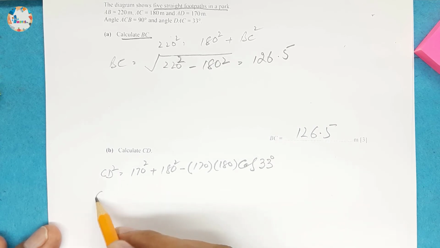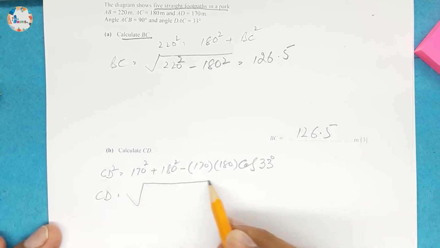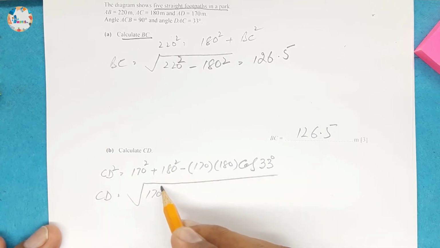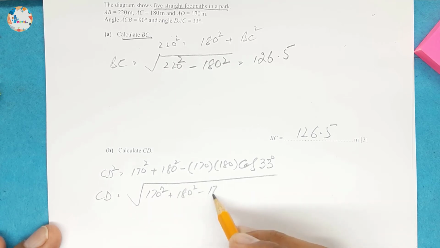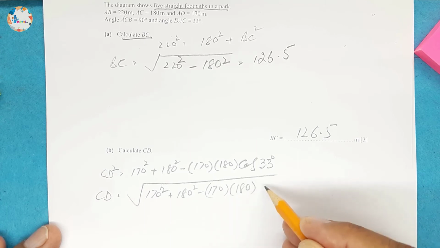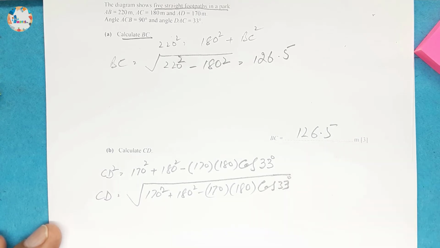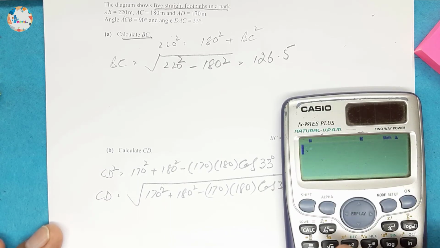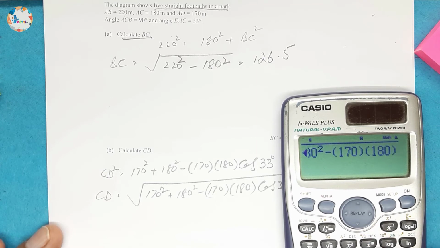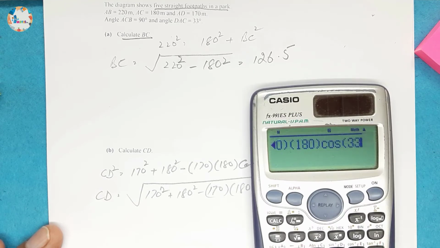So CD will be equal to the root of 170 squared plus 180 squared minus 170 into 180 into cos of 33 degrees, and we can calculate this.